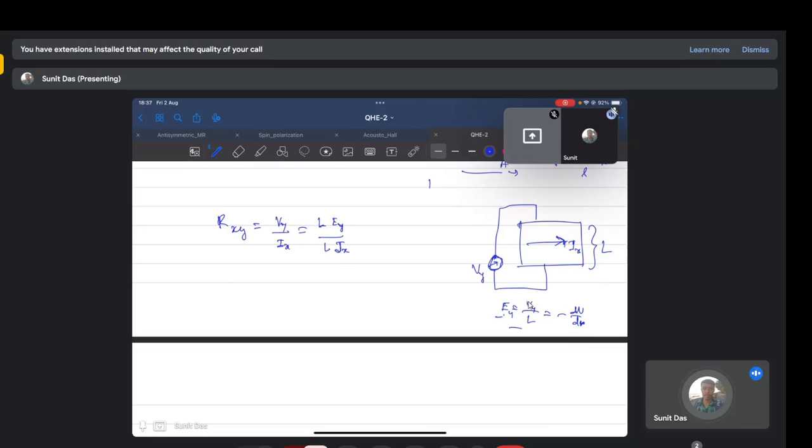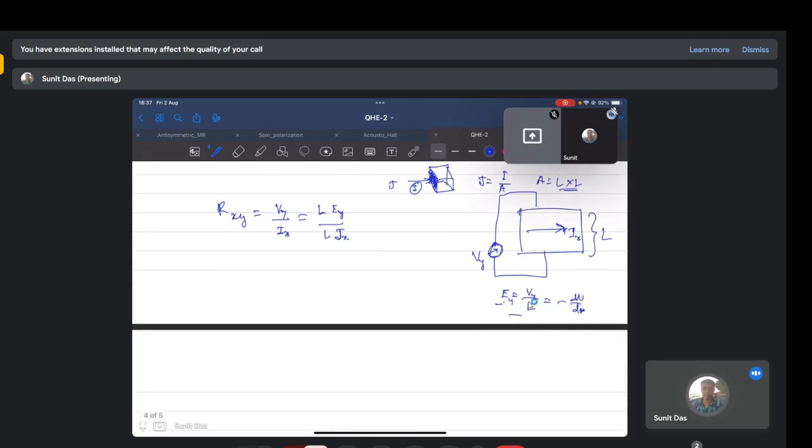In a 3D case, let's say we have a box, and let's say this is the area through which we are sending some current, right? Here in the 3D case, J will be the current density, and current density is the applied current per unit face area, which is A, let's say. A is maybe L cross L if they are cubic, or this is a square shape, right?